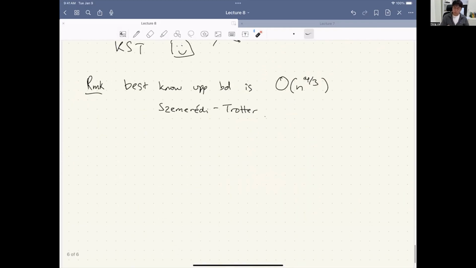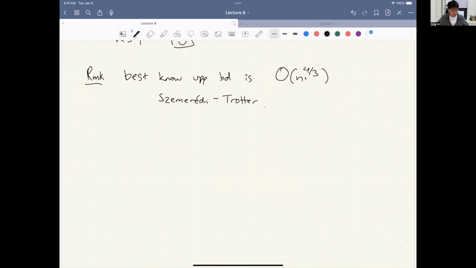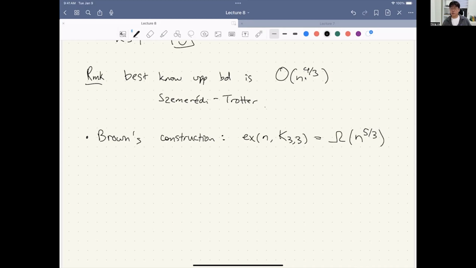Okay, so what is this tight K3,3 construction? Brown's construction. Matching lower bound. Remember, KST also gives n to the 5/3 as an upper bound.